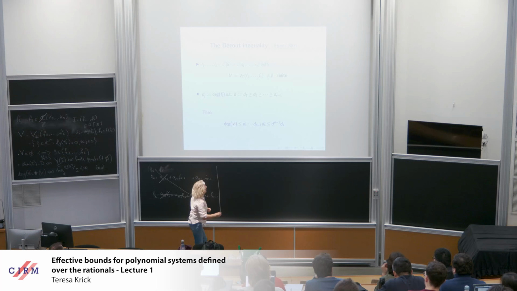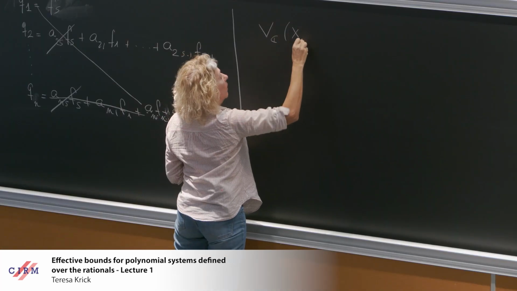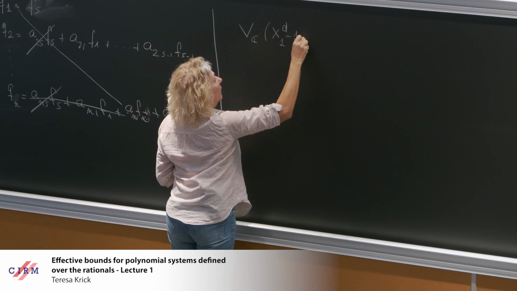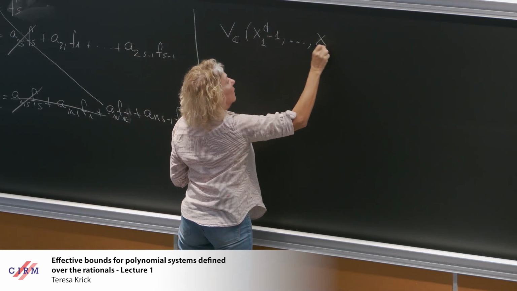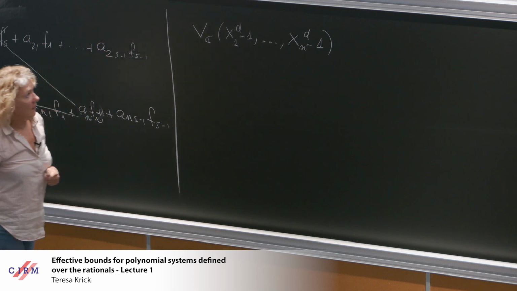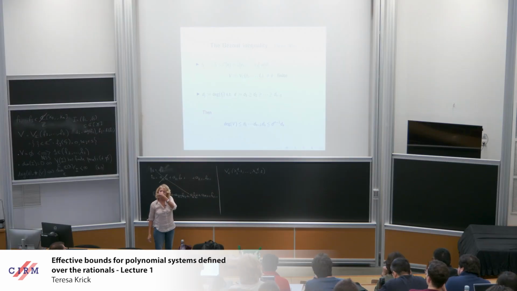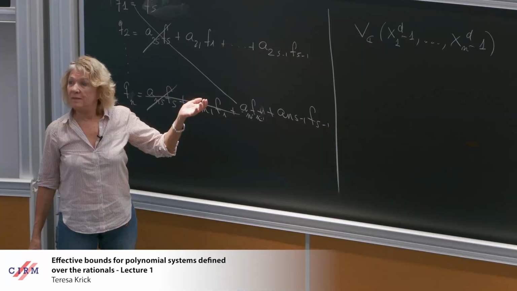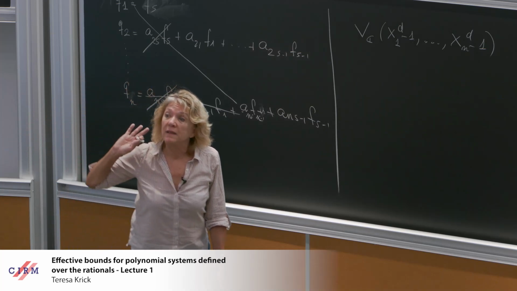A couple of examples. If I take these polynomials, how many zeros do they have in C to the n?